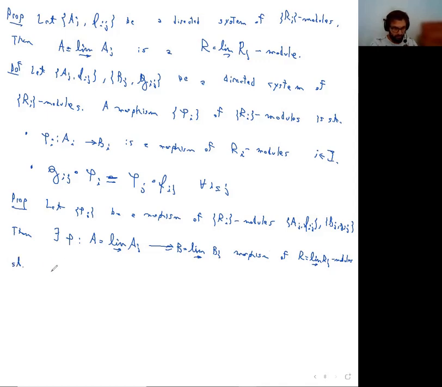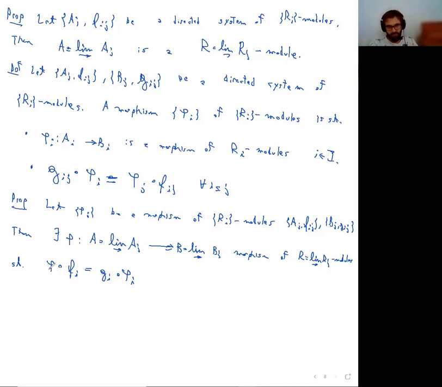And furthermore, you do have some compatibility again. Oh, sorry, not composed, equal. So remember, these Fi and Gi are the maps from the corresponding Ai. So Fi is from Ai to the limit, and Gi is from Bi to the limit. Yeah.